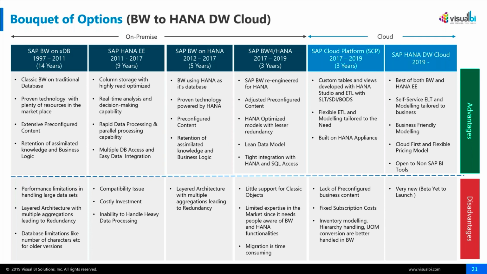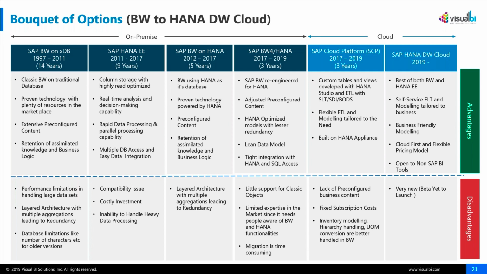Then they came out with HANA Enterprise as a sidecar data warehouse. Then BW on HANA came about. Then BW/4HANA came about because HANA Enterprise had some issues, especially with extractors and some of the inventory handling, and some of the unit of measure and currency conversions were handled better in BW. So SAP came out with BW/4HANA, which had the best of BW and the best of HANA.